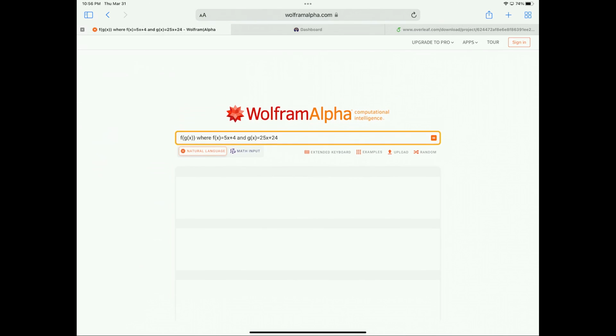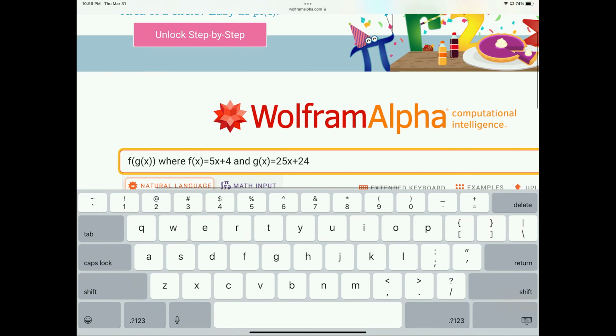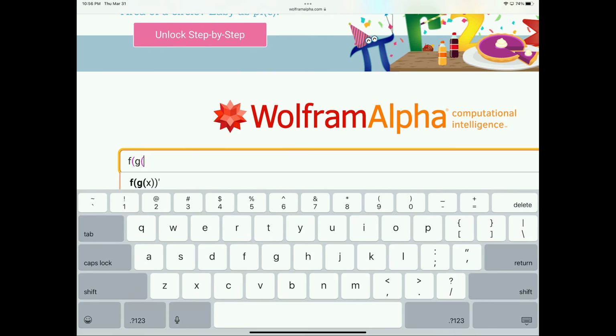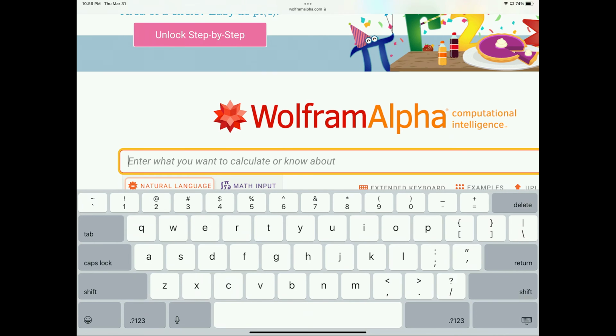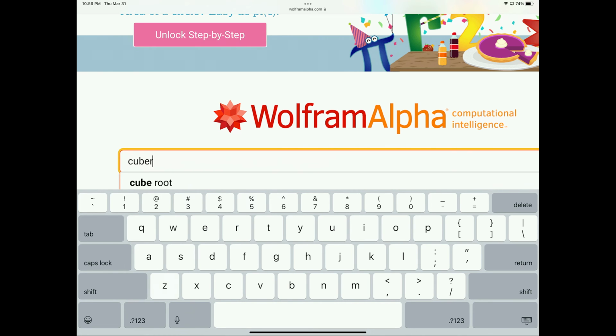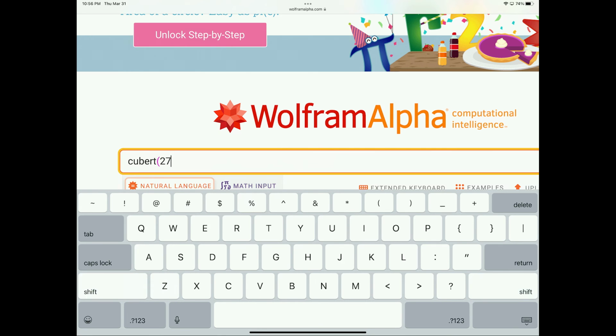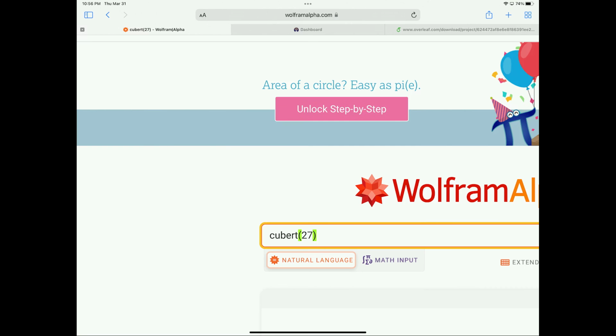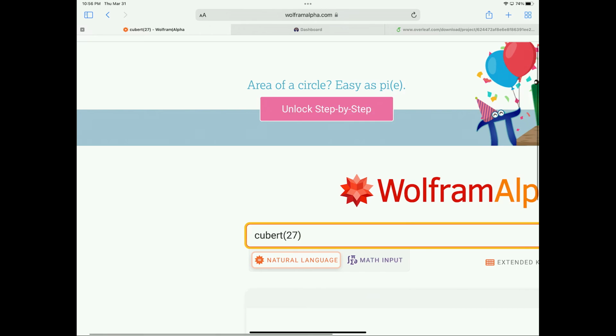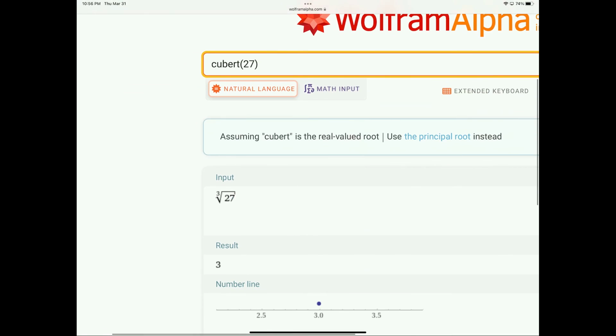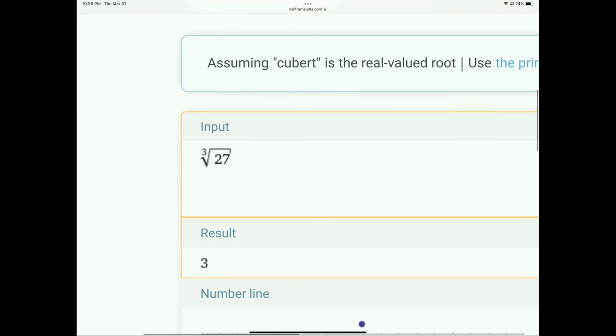Okay, this is what we were doing last. You can do a cube root two different ways. You can either type cube RT 27. That's one way to do it on Wolfram. And it will tell you 3. 3 is the answer.